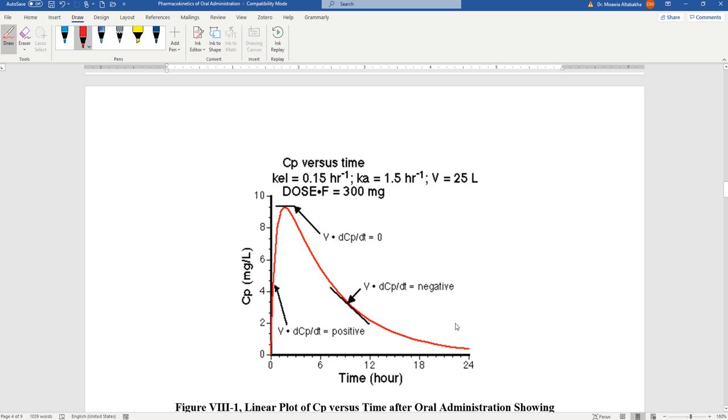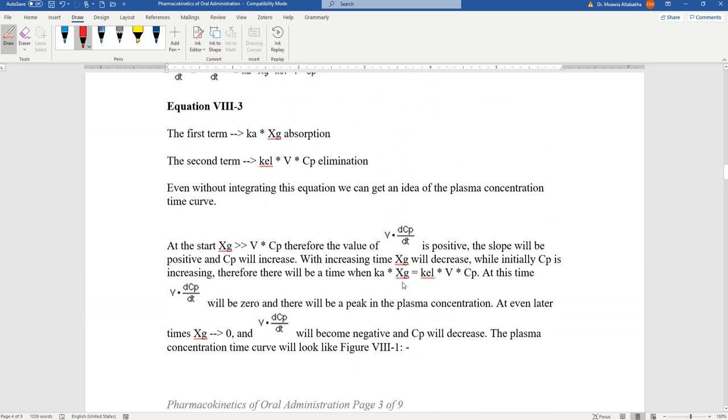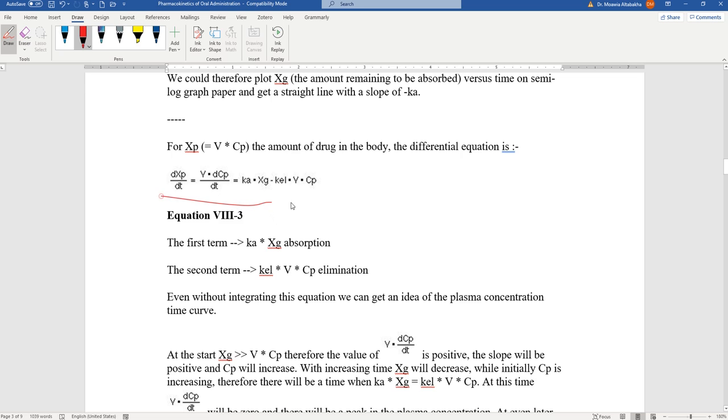Now we need to know and recognize the integrated equation for this. We want to know the integrated equation for what? For this one. What is the integrated equation? Okay, now the integrated equation for this one is the following.